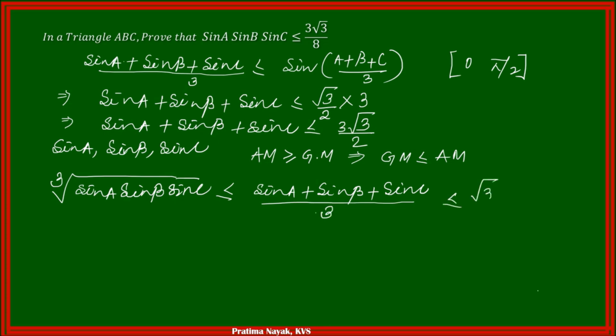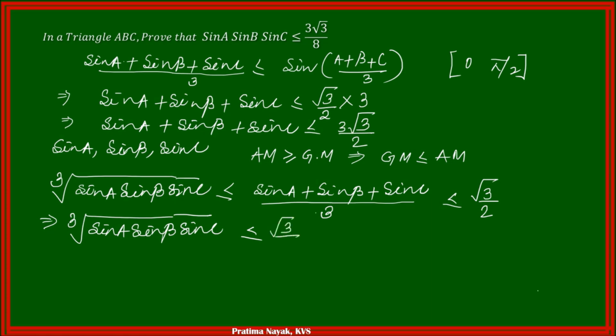And this we have proved to be how much? Root 3 by 2. So comparing first and third, you will get the cube root of sine A sine B sine C is less than or equal to root 3 by 2.